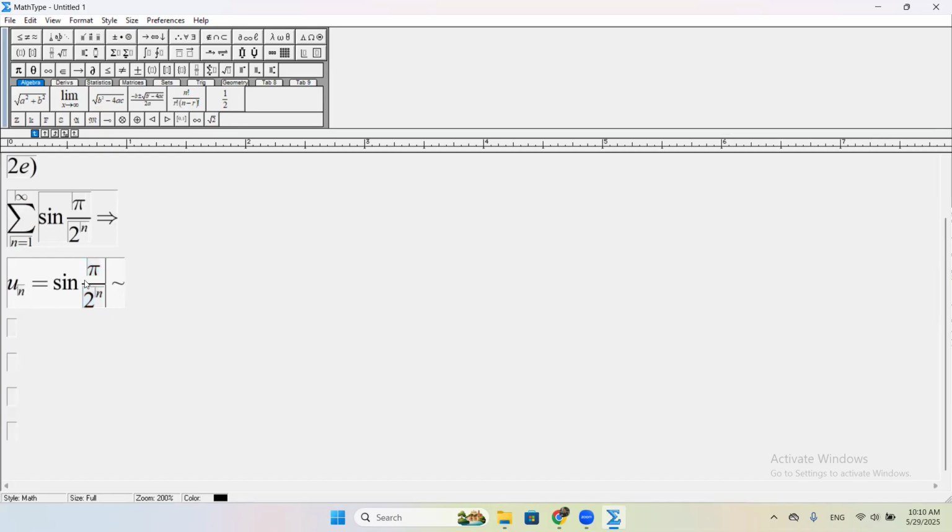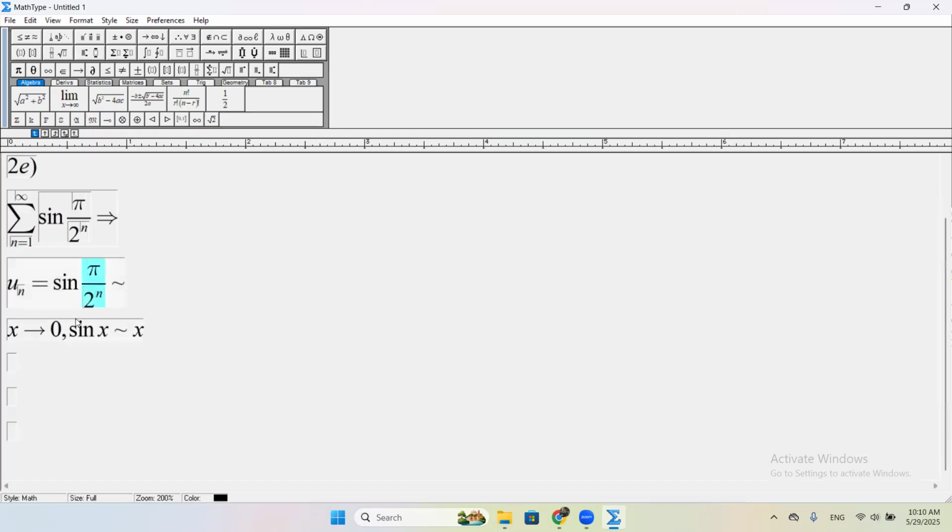As we remember, when the argument of sine approaches 0, okay, let me write down. So when x approaches 0, sine of x is equivalent to x.